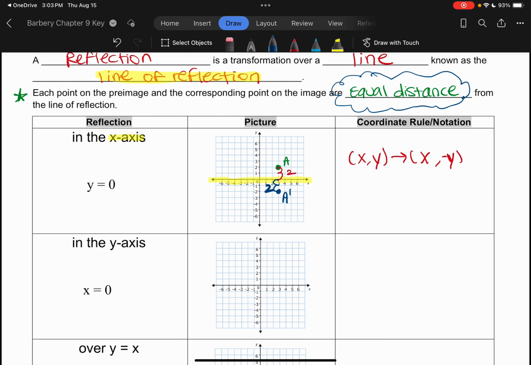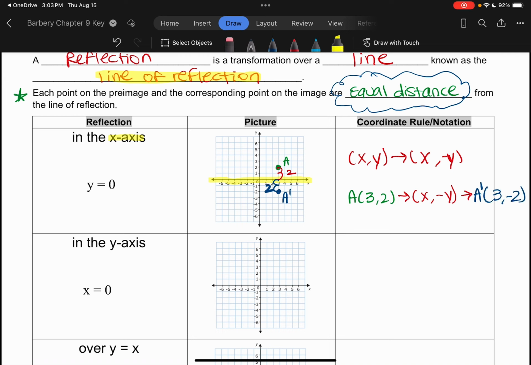So let's take a look at the point A that we used. You'll notice that point A has coordinates of 3, 2. If I apply that transformation, in other words, if I apply that reflecting over the x-axis, then what we get here is A prime. And you look at A prime, the coordinates of A prime are 3, -2.